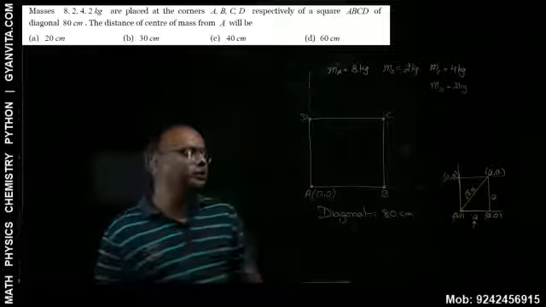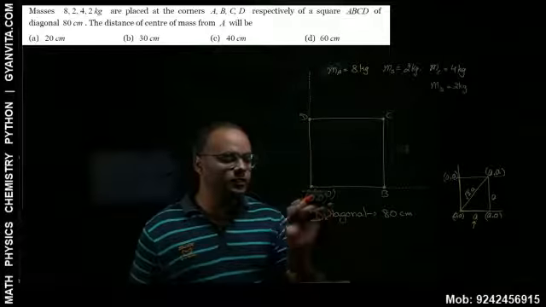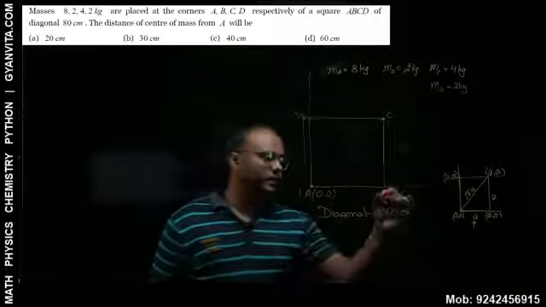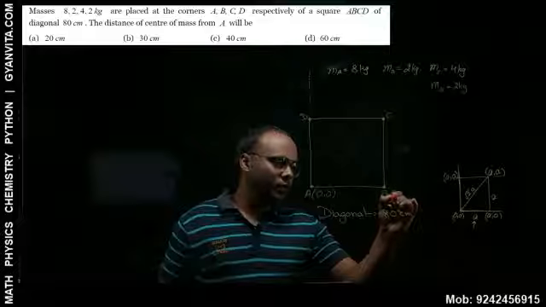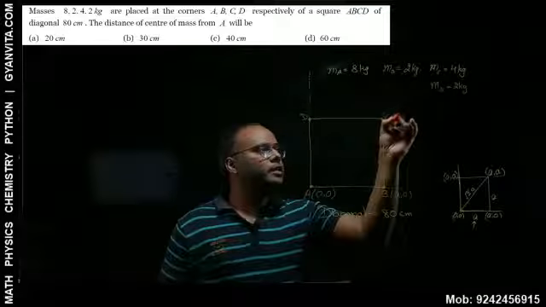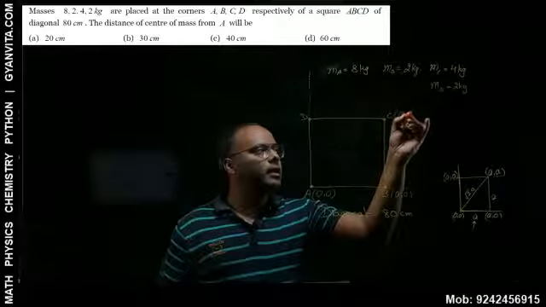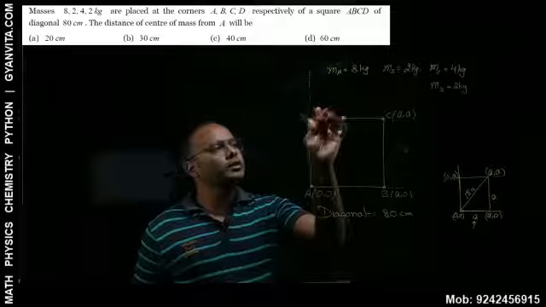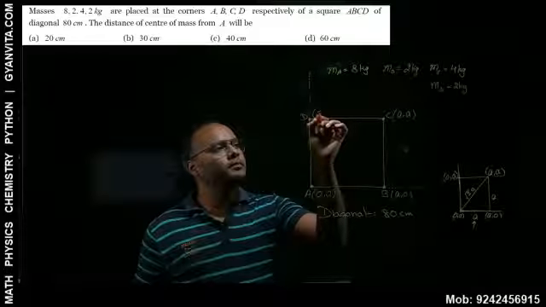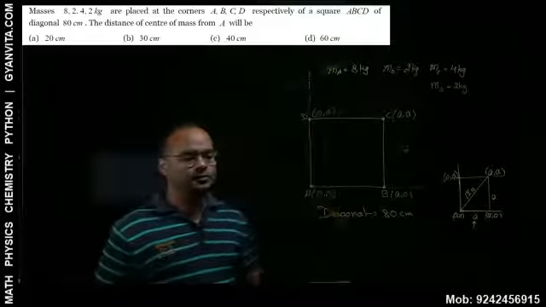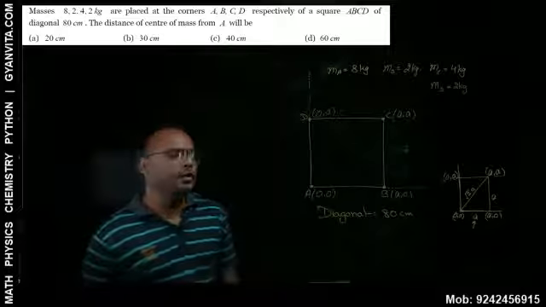We'll start solving this without putting the values, that is only in terms of A. So if this is 0, 0, this will be A, 0, this will be A, A, and this one will be 0, A, right?